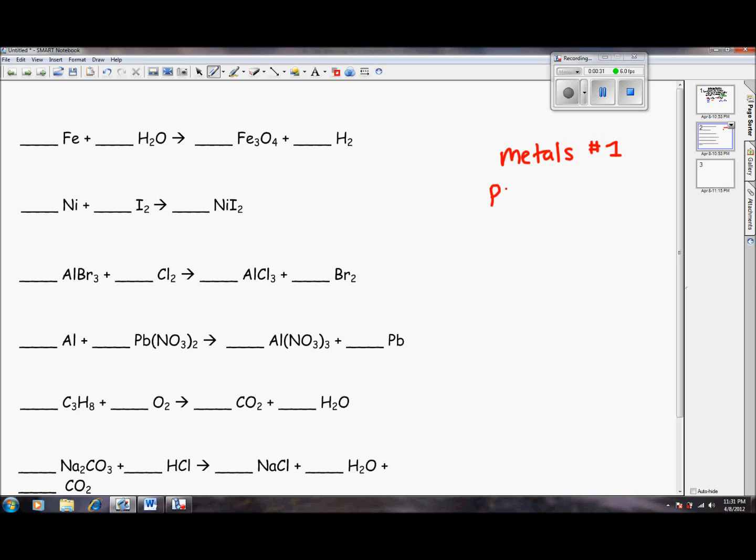Okay, then you should do polyatomic ions if they don't appear to be broken apart as part of the chemical reaction. Okay, and then you can do all the other elements.